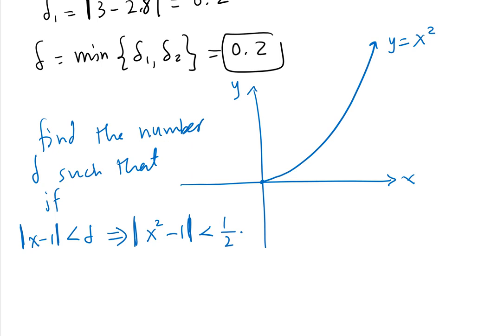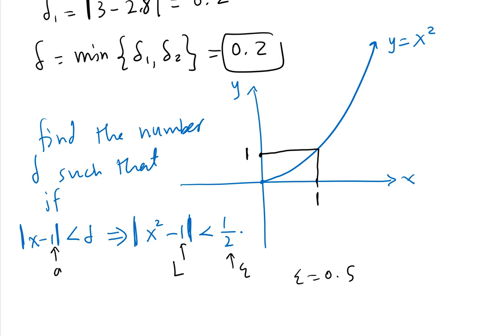To start with something like this, A is 1. This is L, this is epsilon. So epsilon is 1/2, 0.5. So if you project it up, the y value is 1 because the function is x squared.